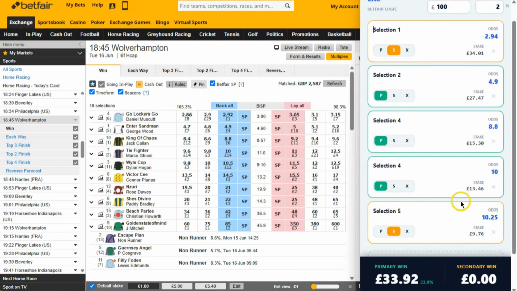We don't think the favourite's going to win, although at that price I wouldn't say that. Maybe we can look at the form and say, well, that King of Chaos, I'm not too sure about him, number 3. So we could hedge him out.